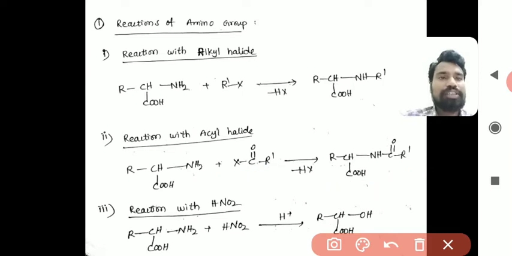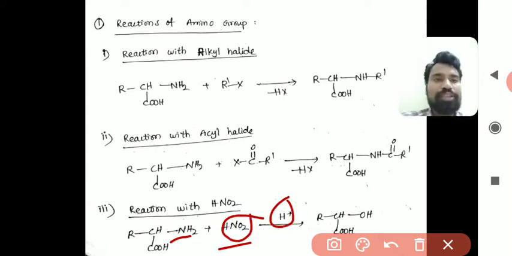The next reaction is with HNO2. As we know, amines when reacting with HNO2 form alcohols, right? So here again the same thing. The amino group of the amino acid will react with HNO2 in the presence of H plus and is converted to an OH group, so in the place of NH2 a hydroxyl group would be there. This is the reaction with HNO2.